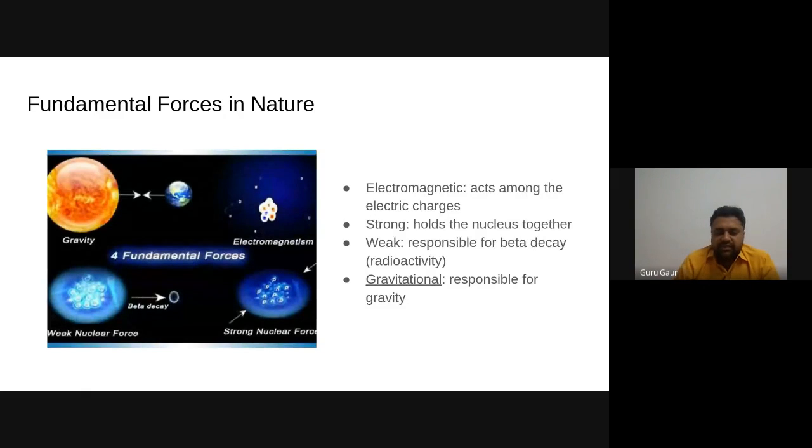The first one we come across in everyday life is the electromagnetic force. For example, this tube light works because of electromagnetic interactions. The fan also rotates because of electromagnetic interaction. Our mobile phone and our TV all use electromagnetic signals.